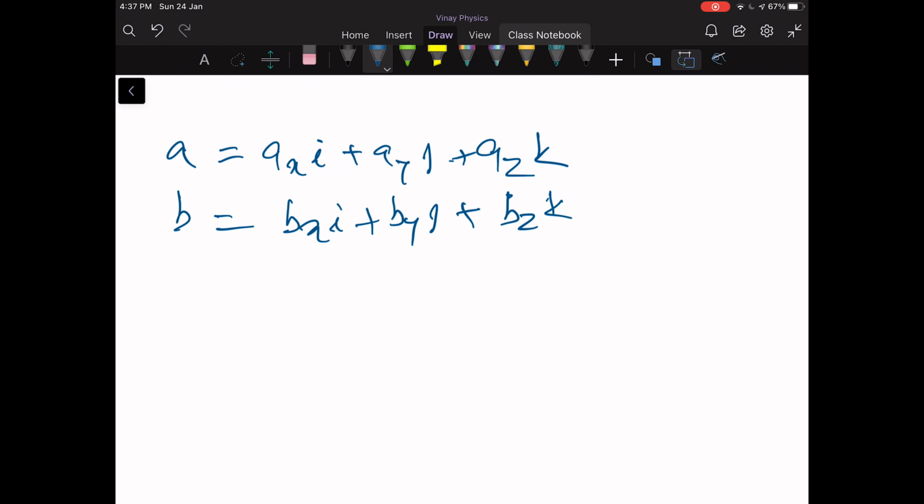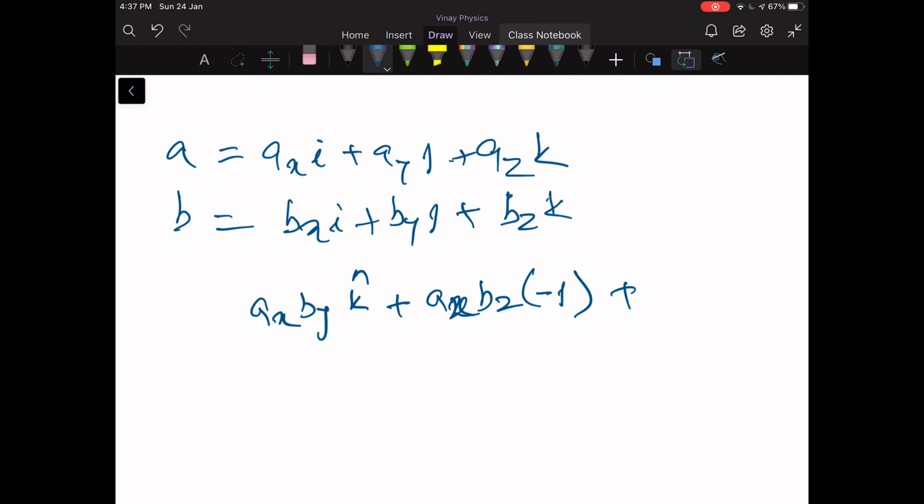When we multiply AX with BY, it will become i cross j, so the resultant will be k. So we get AX BY k. Then we multiply AX with BZ and we get i cross k, and we know that k cross i is j, so i cross k will be minus j.